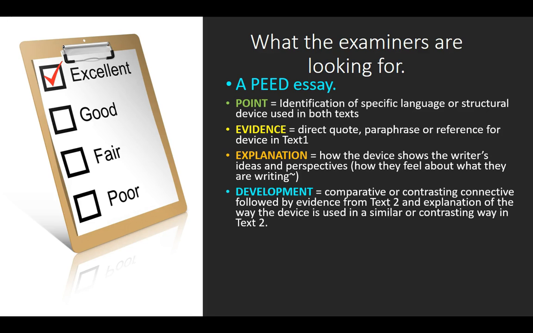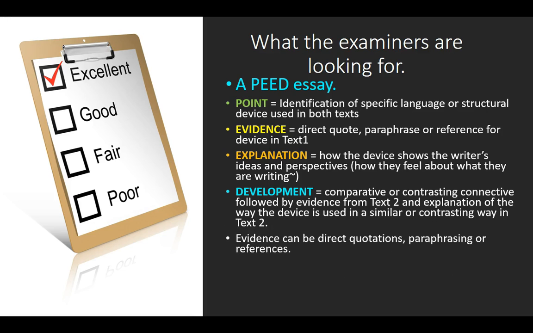Having provided that evidence, you then need to explain the way that device is used within that text to convey that writer's ideas and perspectives, and evaluate the similarity or the difference between the use of that device in text 2 and the way that it was used in text 1. Okay, and you just go through and provide a series of PED essays.